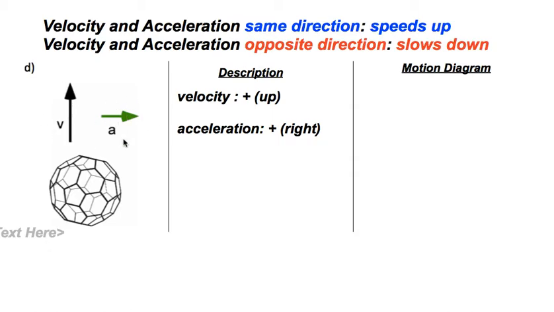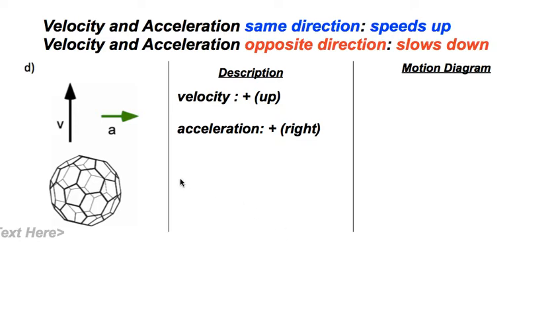This acceleration is trying to push it. However, it's not trying to push it up or down, it's simply just pushing to the right. So that acceleration does not affect the upward motion of the ball at all. So moving upward, this ball is going to stay a constant velocity.